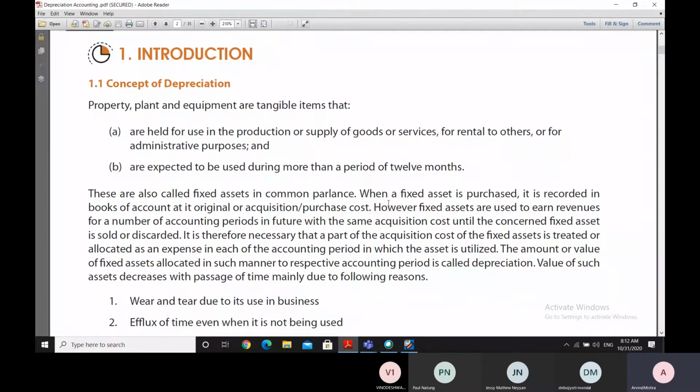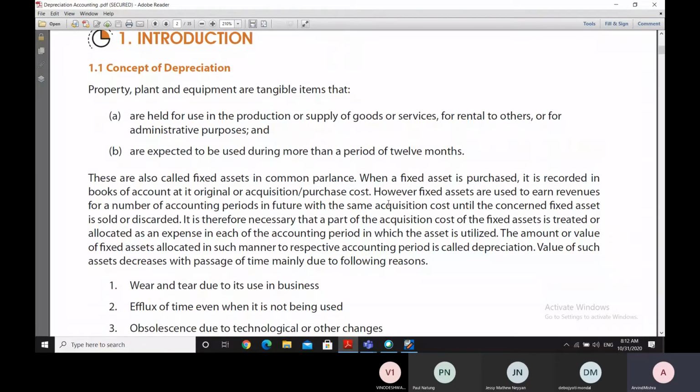So first, in the introduction part, we'll understand the concept of depreciation. Any property, plant or equipment that we are using are tangible items. Tangible means something which we can know about or feel with the help of our senses.